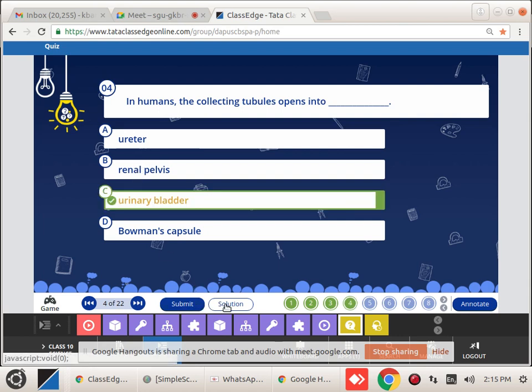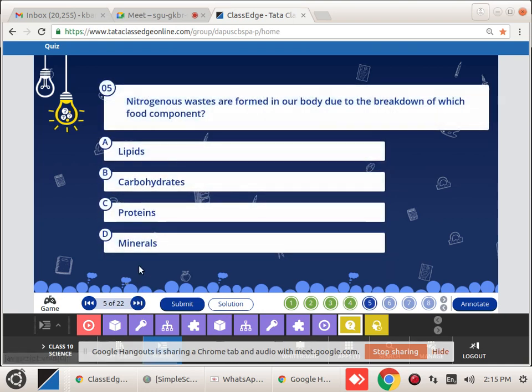Let me see the solution: urinary bladder. So finally they are talking about where it actually gets accumulated. Urinary bladder is the place where it gets accumulated. Okay, let it be. The answer urinary bladder is also correct, but Bowman's capsule will never be the answer. Ureter could also have been, but they want to give urinary bladder. It's okay, very fine. Next question.